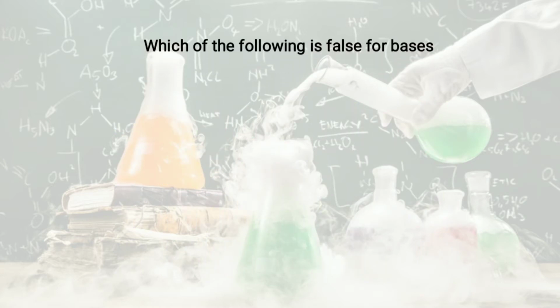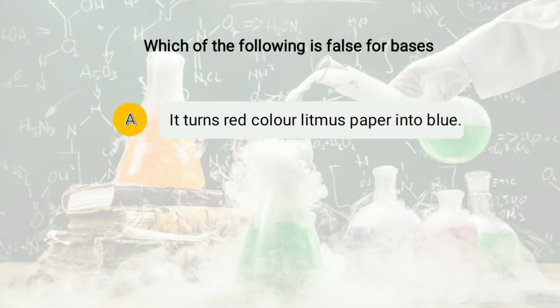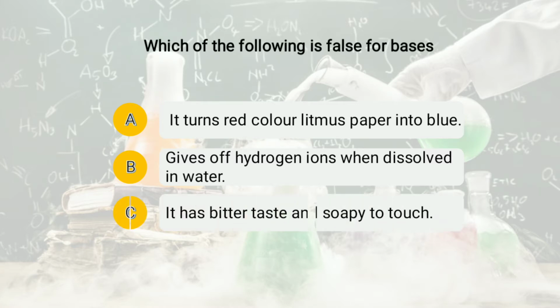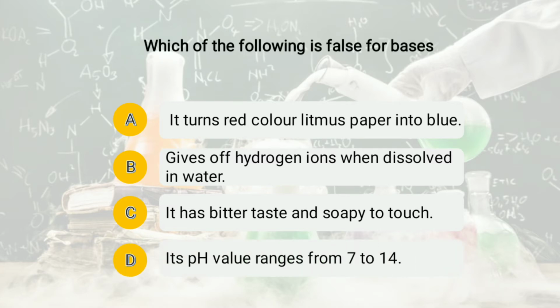The next question is, which of the following is false for bases? And the options are A. It turns red litmus paper into blue. Option number B. Gives off hydrogen ions when dissolved in water. Option number C. It has bitter taste and soapy to touch. And option number D. Its pH value ranges from 7 to 14.